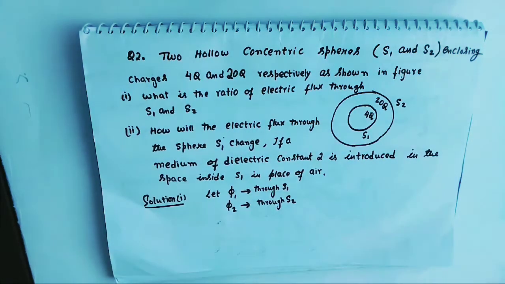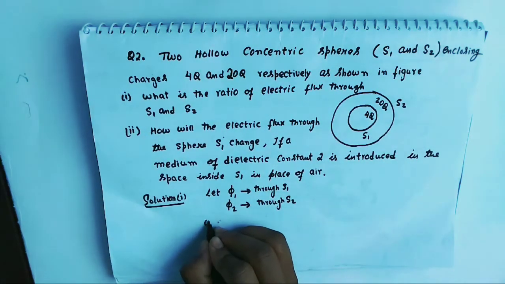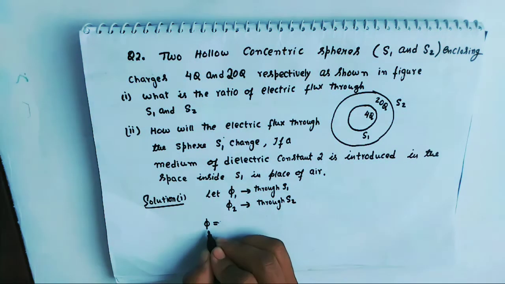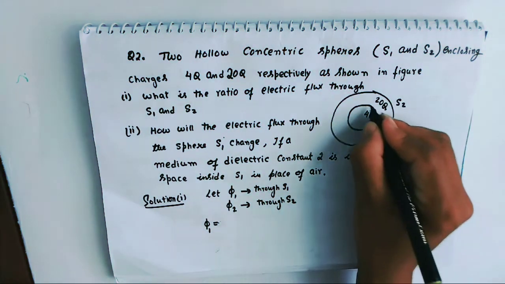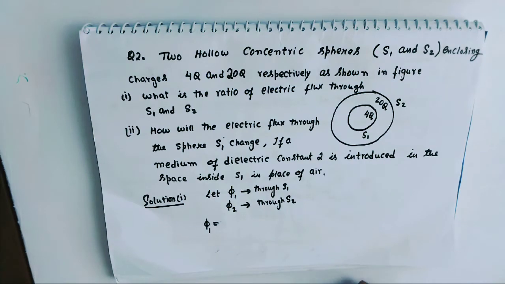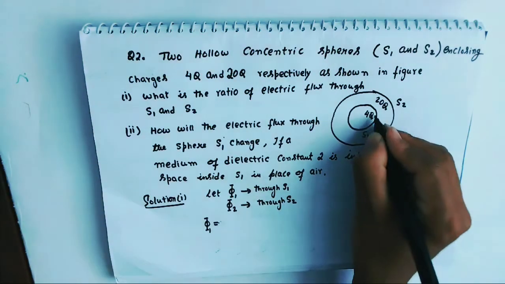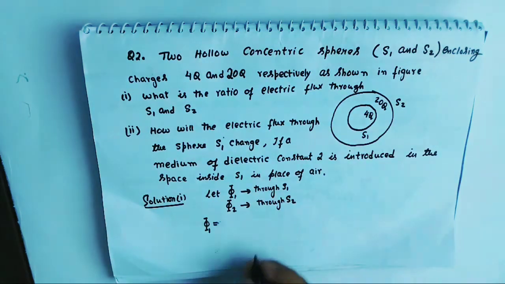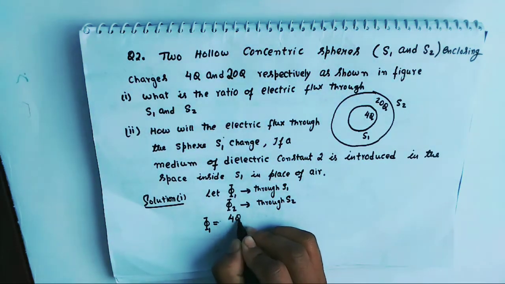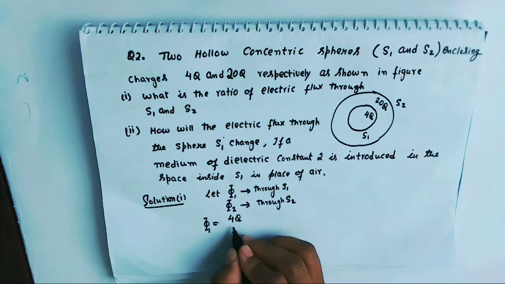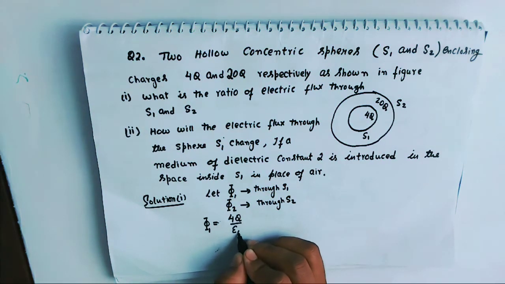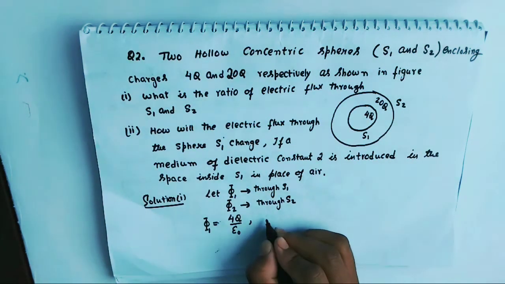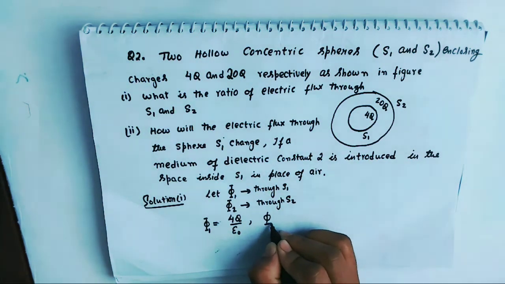If we use Gauss law, phi 1 is the flux through surface S1. What is the total charge enclosed within the surface S1? Total charge is 4q divided by epsilon naught. Next, what is phi 2?